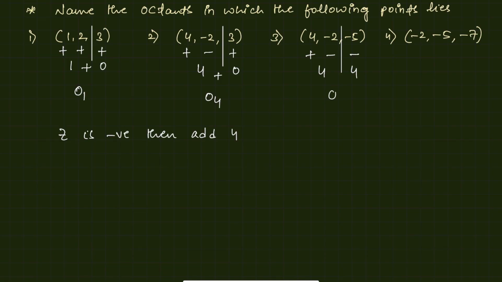So 4 plus 4 is 8. It belongs to the 8th octant. Similarly, now you can simplify the next one. Minus minus belongs to the third quadrant. Z is negative, add 4, it belongs to the 7th octant. Clear? So like this, in the easiest way we can find the address of a point in 3D. Thank you.